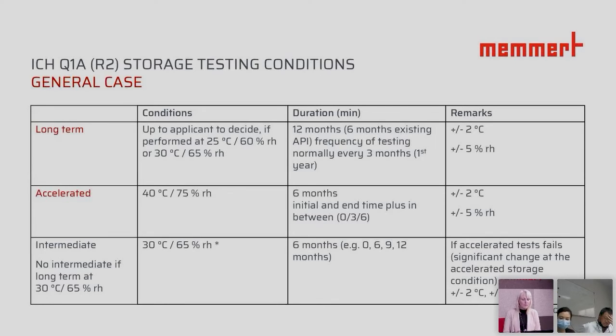It is also based on the fact that long-term is done at 25-60. So if we have long-term 25-60 and accelerated 40-75, and we have a failure, then we go ahead and do intermediate testing at 30 degrees and 65% RH.